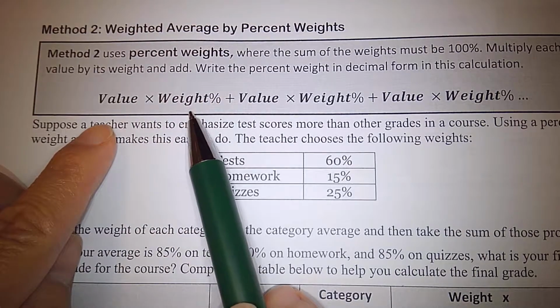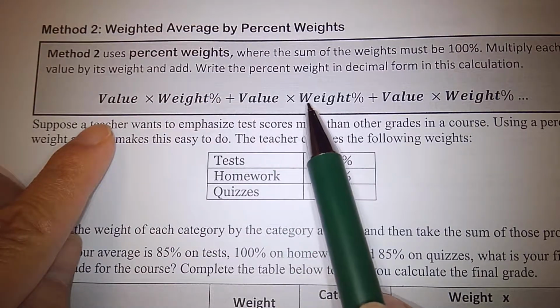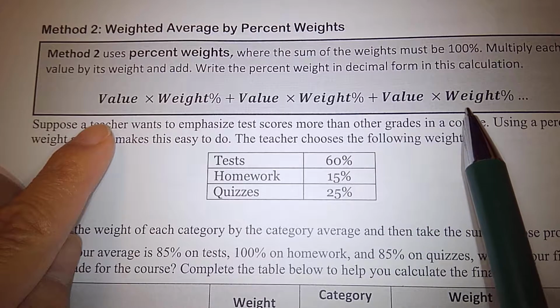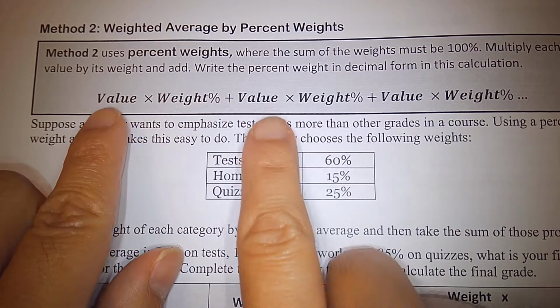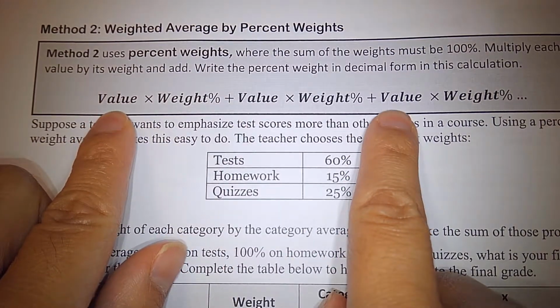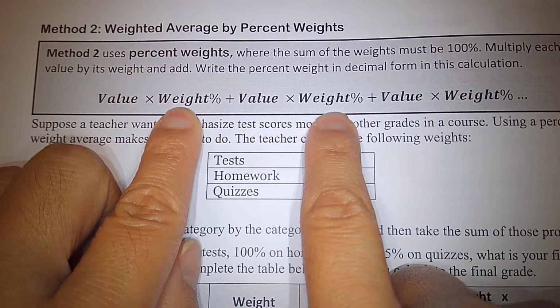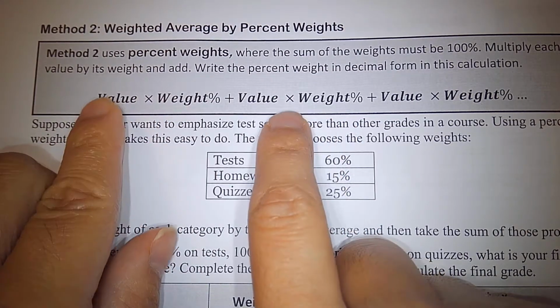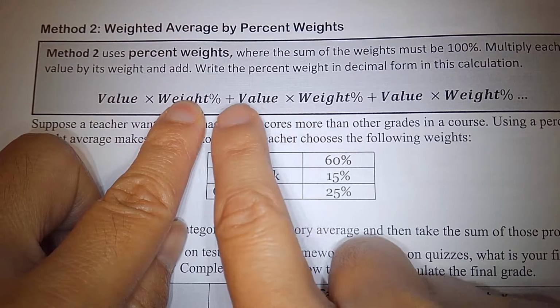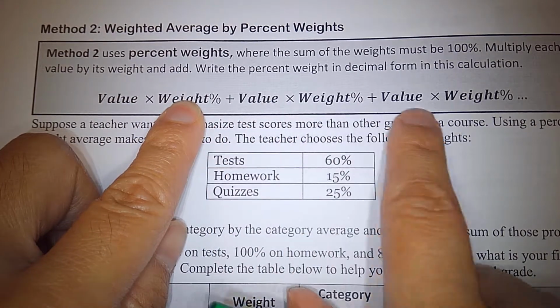Value times weight percent plus value times weight percent plus value times weight percent. Very good, thanks. So for the second method, we identify the values from the problem and also figure out the corresponding percent for each of the values. Then use value times percent, plus value times percent, and so on.